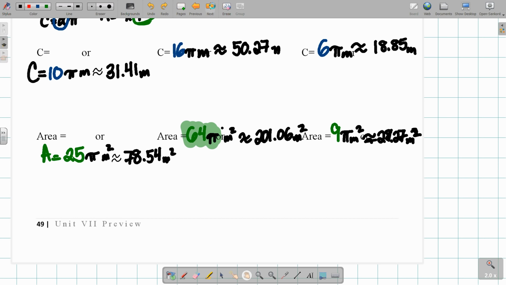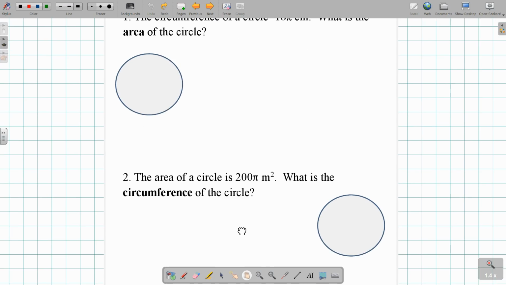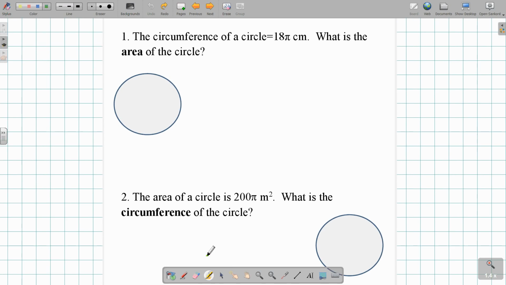Let's go through a few examples together. It says the circumference of a circle is 18 pi. What is the area? So step 1, trace what you know to be true.